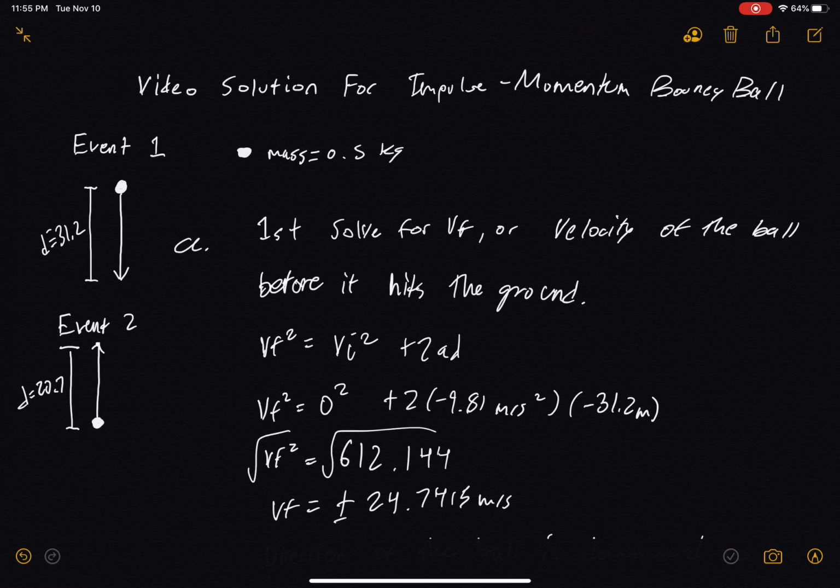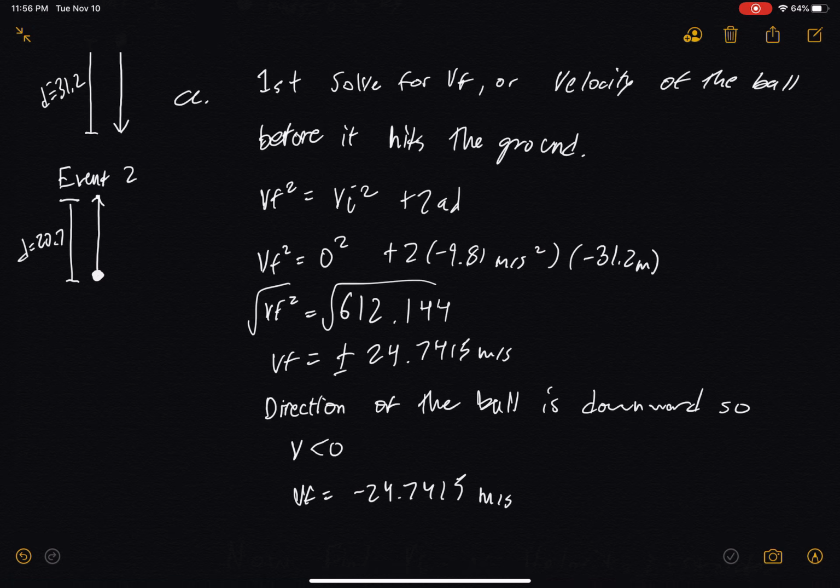What is the value of the impulse the ground experiences due to interaction with the super bouncy ball? Consider up to be positive and down to be negative. For part A, first we solve for VF, the velocity of the ball before it hits the ground. We use the kinematic equation VF squared equals VI squared plus 2AD, which becomes VF squared equals 0 squared, since the initial velocity is 0 because the ball is dropped from rest, plus 2 times gravity, negative 9.81 meters per second squared, times negative 31.2 meters because that distance is downward.